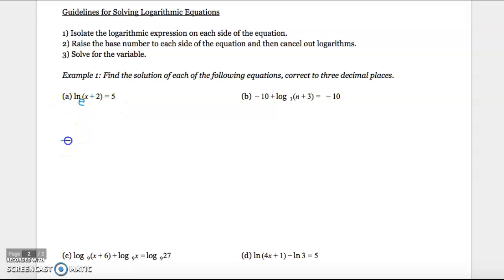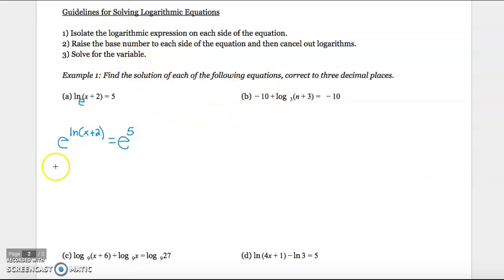So I'm going to do e to the natural log of x plus 2, and then e to the 5th power, because I'm using this base and raising both sides. Kind of like if I had an x squared, I'm raising x to the 2nd power. So in this case, I'd be raising the base to each side of my equation.